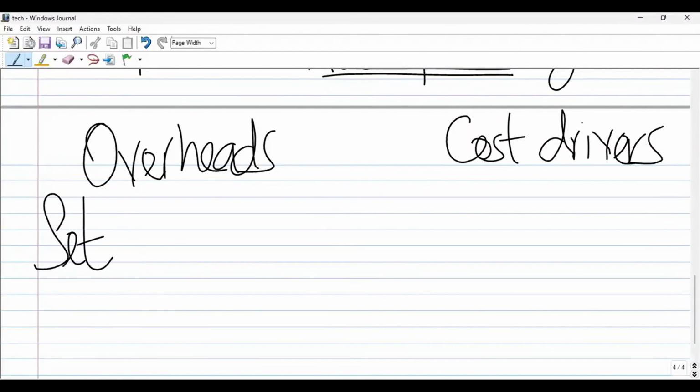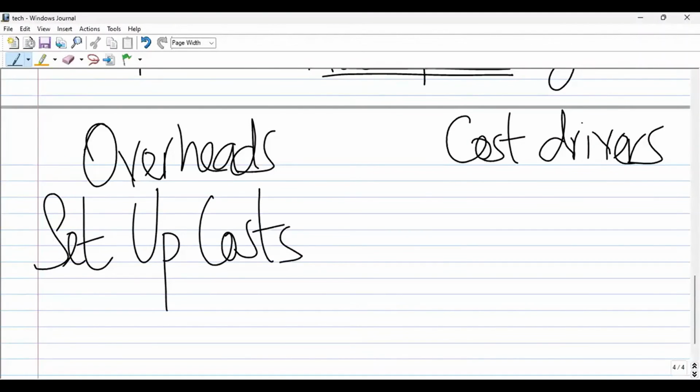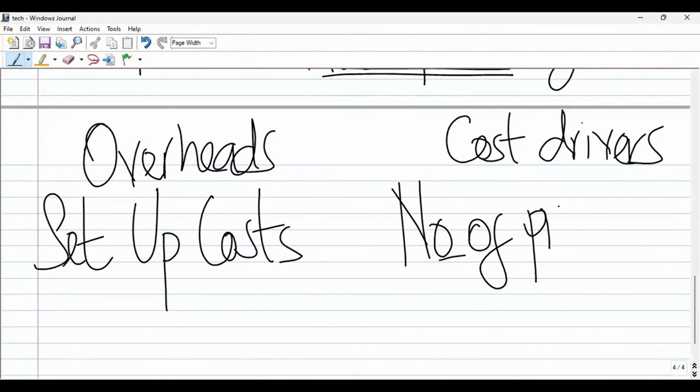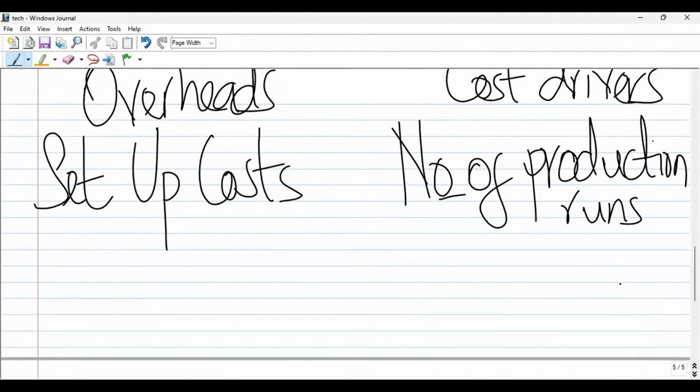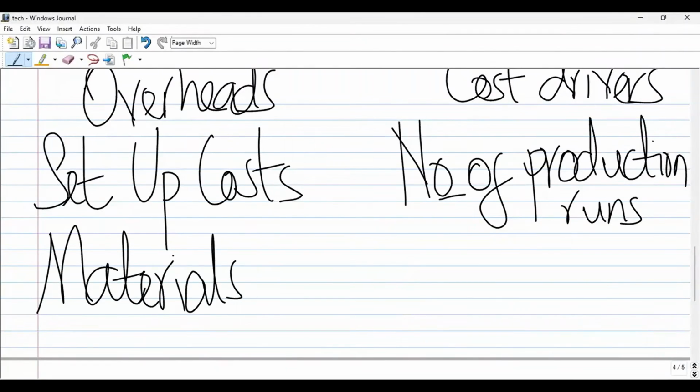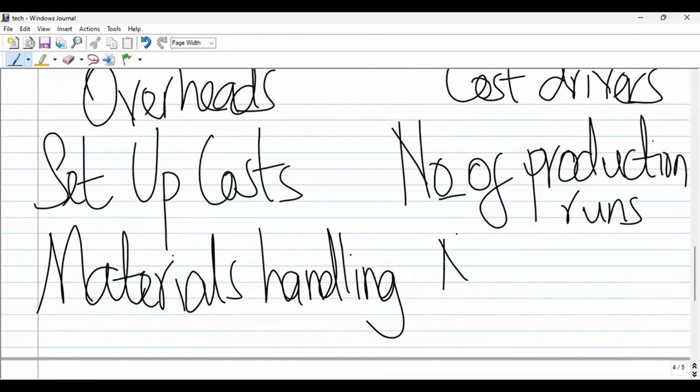One, we have setup costs: the cost driver is the number of production runs. Two, materials handling: number of production runs.